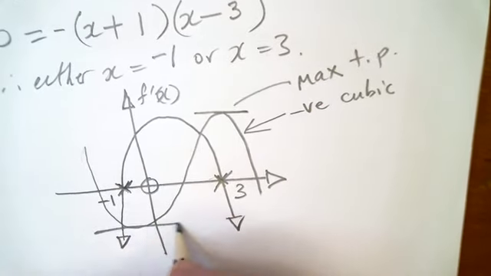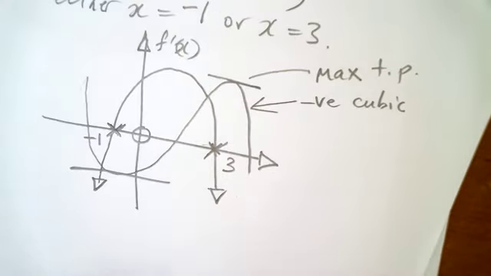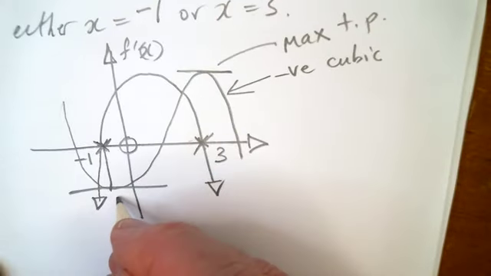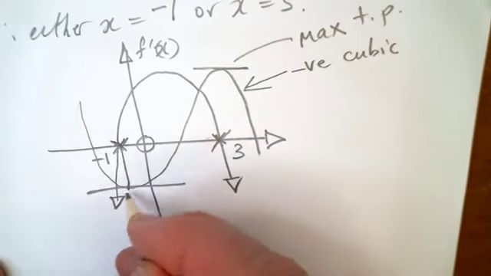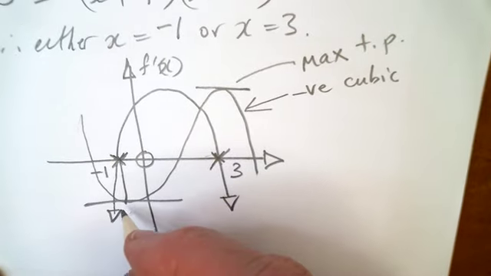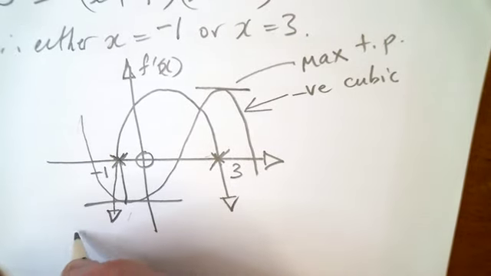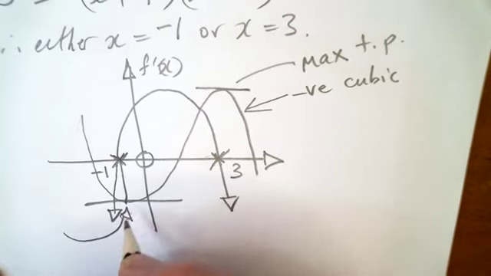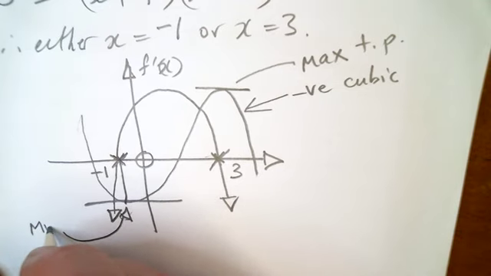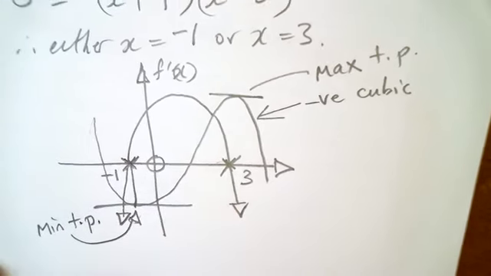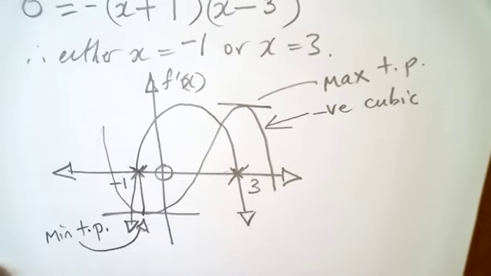And over here, this is going to be the minimum. In fact, we'll probably draw it a little bit better, but this is the minimum turning point. All right. So that's what this thing roughly looks like.